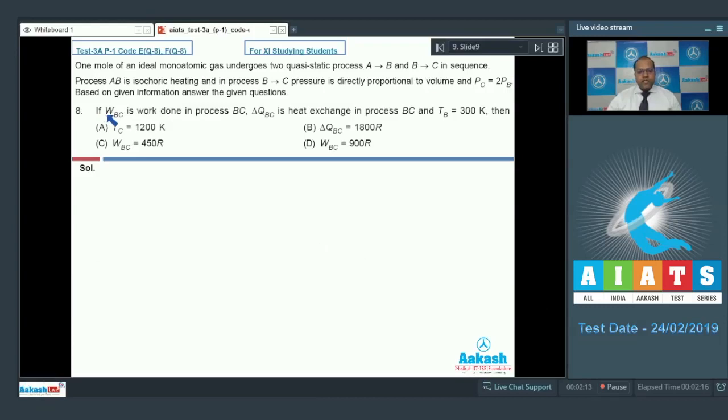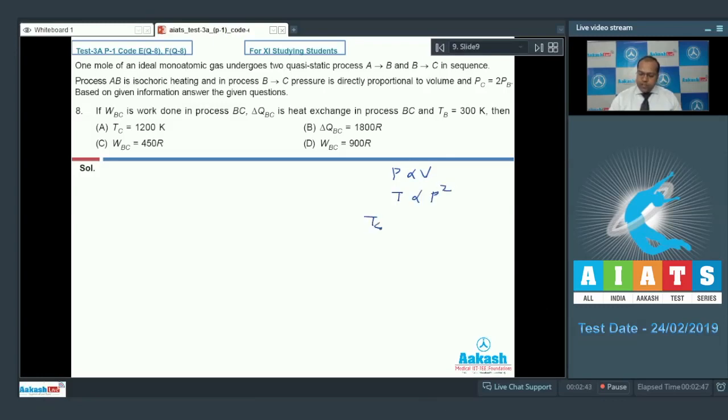In question number 8, if WBC is the work done in process BC, delta QBC is heat exchange in process BC, and TB is equal to 300 Kelvin, then we have to check the validity of the given options. So we know that P is proportional to V. So if I find out the relation between pressure and temperature, V can be replaced by T by P. So T is proportional to P square.